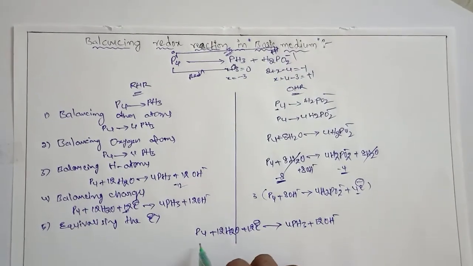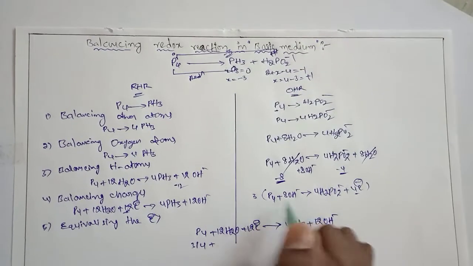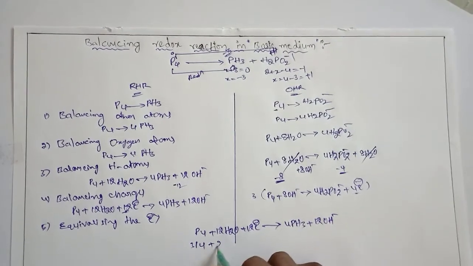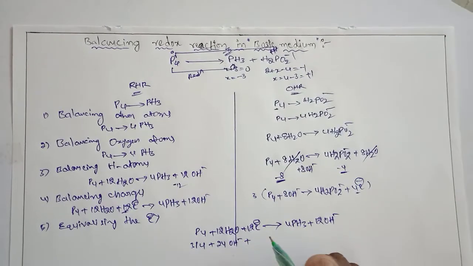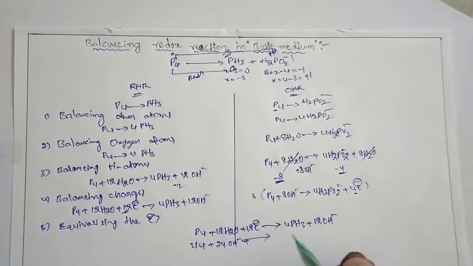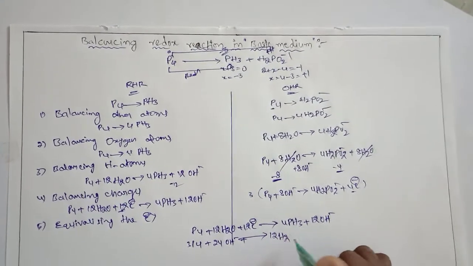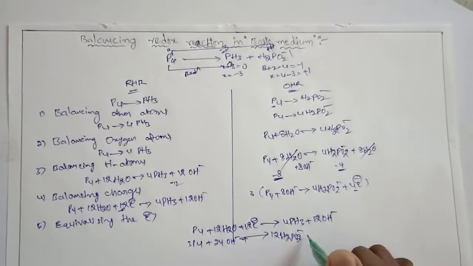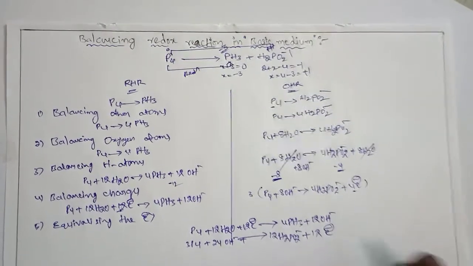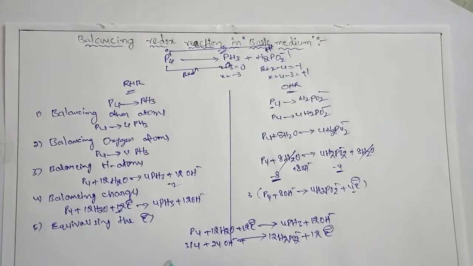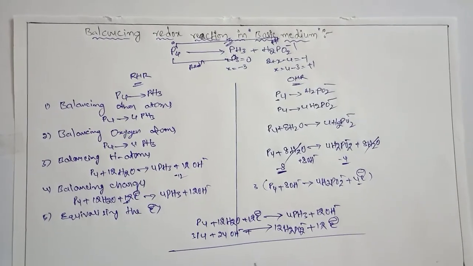This equation: 3 P4 + 3 × 8 = 24 OH⁻ gives 3 × 4 = 12 H2PO2⁻ + 3 × 4 = 12 electrons. Now we have to add both reactions.